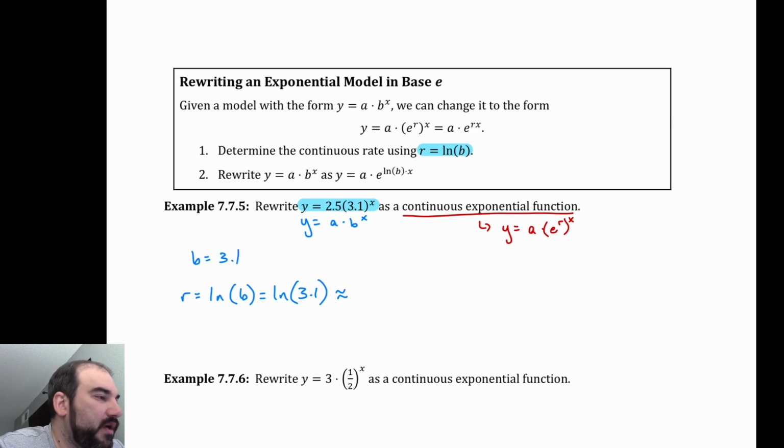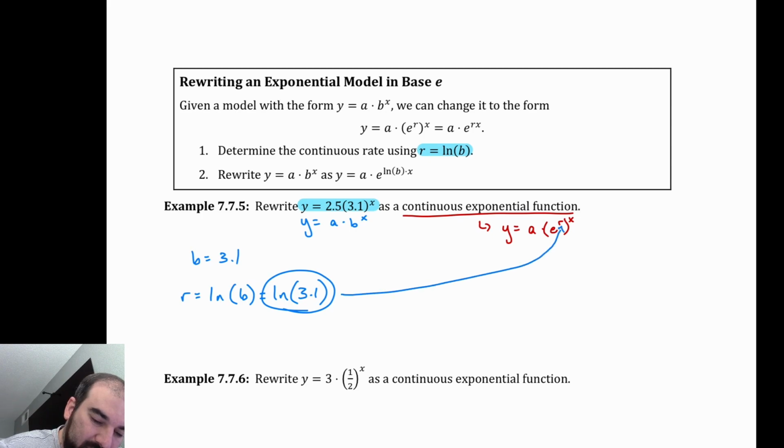On a calculator, actually I'm going to leave it as natural log because we don't want to round at this point. Natural log of 3.1, so we're going to take that and put it where the r is, right?